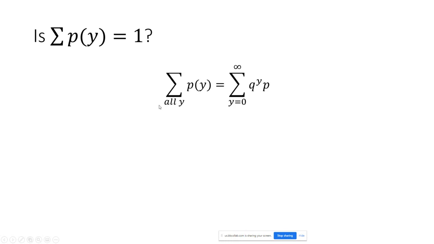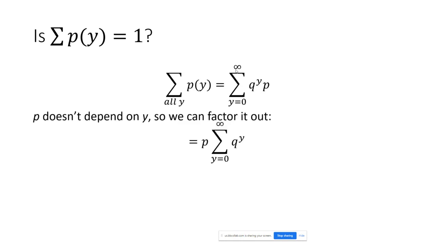And our sum for all the valid values of y is really a sum over the integers from 0 to infinity. P doesn't depend on y, so we can factor it out. So this is p times the sum of q to the y, as y goes from 0 to infinity.